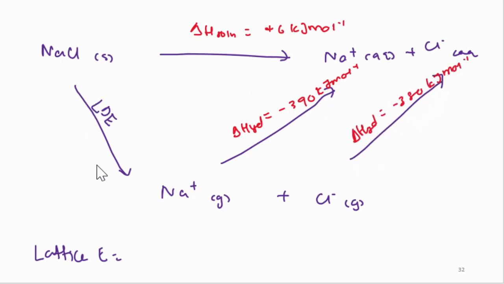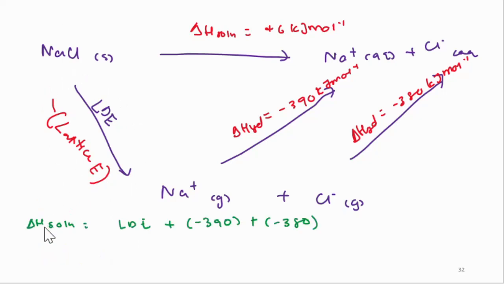And then kalau nak cari lattice energy, dia adalah reverse lattice dissociation enthalpy. Okay, LDE adalah reverse kepada lattice energy. So maksudnya by using Hess's law, kamu kena cari LDE dulu. Lattice dissociation enthalpy berapa, and then just reversekan the value to find the lattice energy.